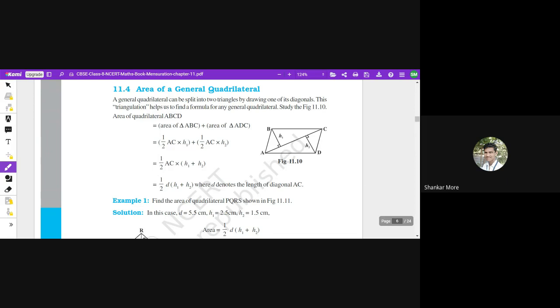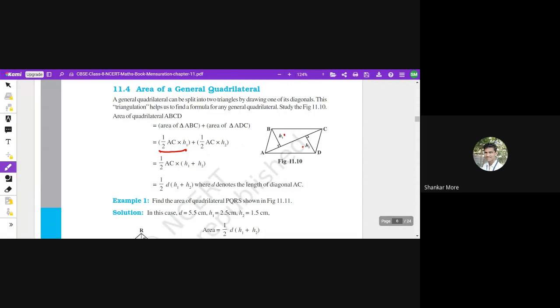तो सबसे पहले हम क्या करेंगे, इस क्वाड्रिलेटरल ABCD को we'll divide it into two triangles. Triangle one would be ABC, and the second triangle would be ADC. ठीक है, तो इसको हमने नेम भी दे दिए कि this is height 1, this is height 2, H1, H2. So पहले ट्रायंगल का एरिया क्या रहेगा, 1/2 into AC into H1. देखो ये AC is base and height, 1/2 into base into height.